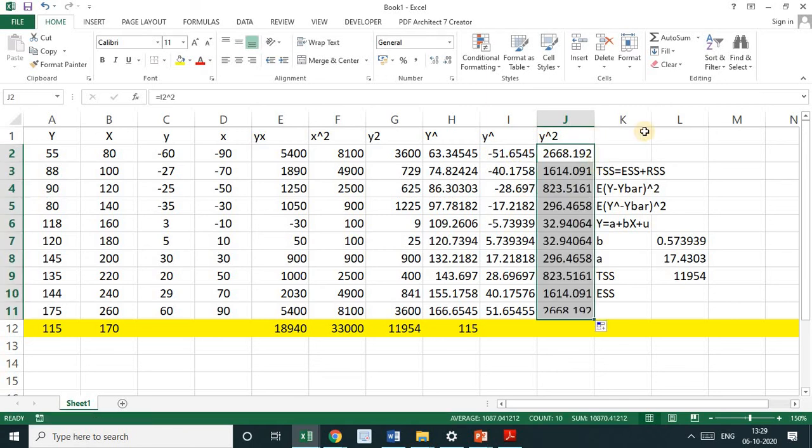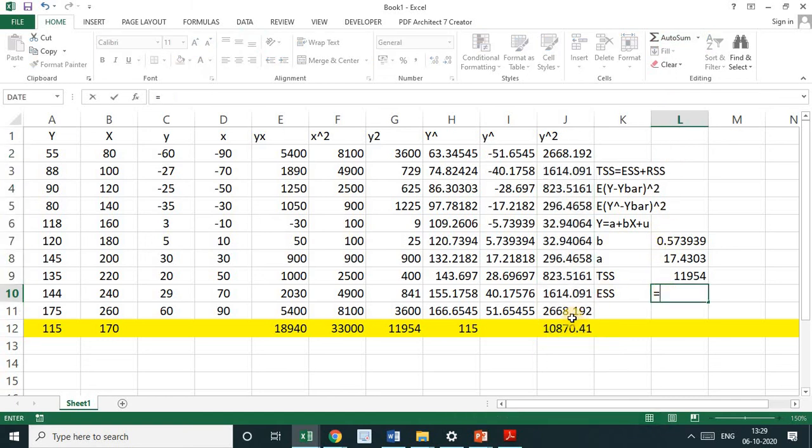You do it for all and sum it, and you will get 10,870.41. So TSS is equal to 11,954, and ESS is equal to 10,870.